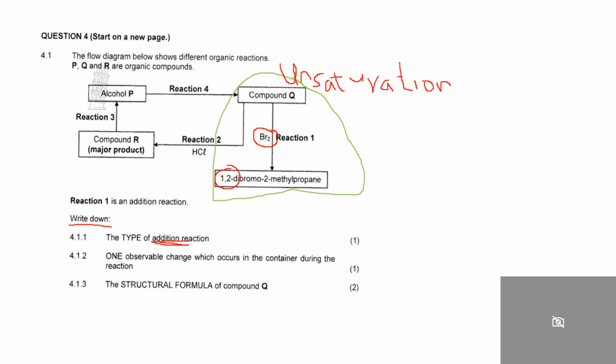So here we are given bromine and we are adding to it. You can see that the reaction here is halogenation. That is our answer here, because we are adding a member of a halogen, so we are going to have halogenation.